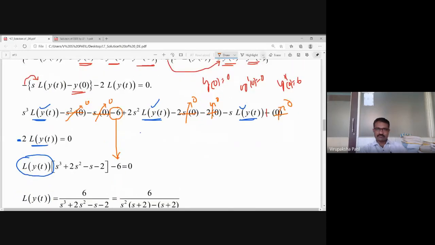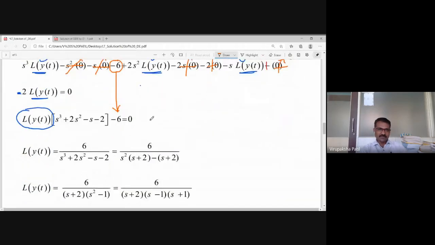Next, what do you need to do? Therefore, taking this 6 to this side, you will get L of y of t into s cube plus 2s square minus s minus 2 is equal to 6. So L of y of t is equal to 6 divided by s cube plus 2s square minus s minus 2.